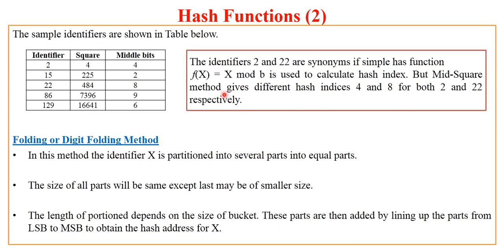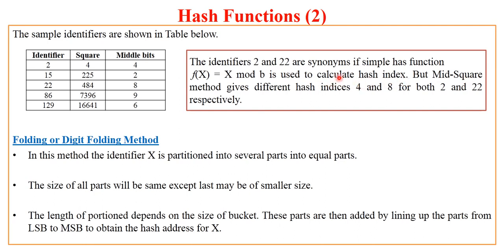Now if we use our simple division method, in that case these two identifiers, 2 and 22, if we divide them by the bucket size, will yield the same hash address. Assume that we are using a bucket size of 10, then 2 modulus 10 will give remainder 2, and 22 modulus 10 will also give remainder 2, and these two keys will be colliding.